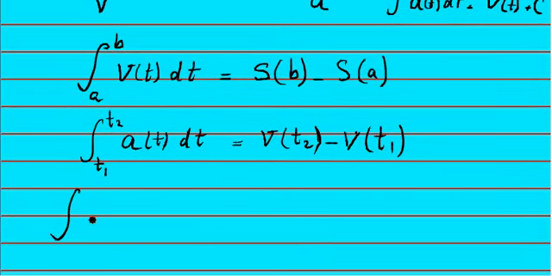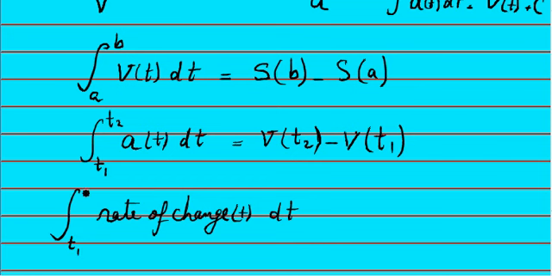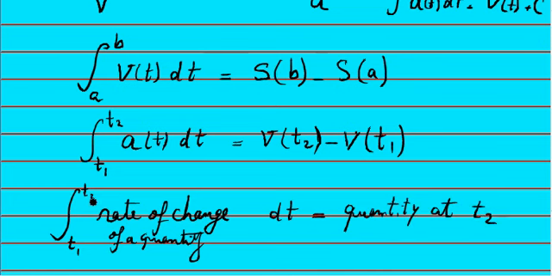In general, if you have any kind of rate of change as a function of time integrated from some time t1 to time t2, if it's a rate of change of a quantity, it's going to be that quantity at the end time t2 minus the quantity at the beginning time.